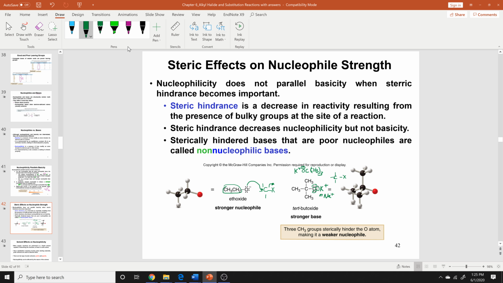They can never act as a nucleophile. Remember, nucleophiles attack the partial positive carbon. Bases attack hydrogens. This is the difference between both. When I'm using a bulky base, we call those non-nucleophilic bases. This means there is no way that they can attack a partial positive carbon. They only act as bases, and bases take acidic hydrogens.